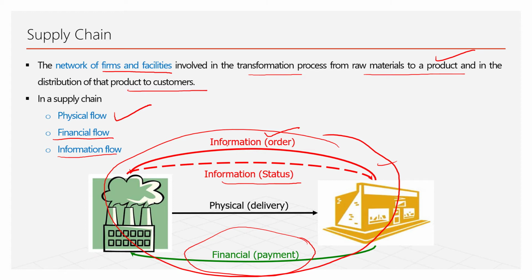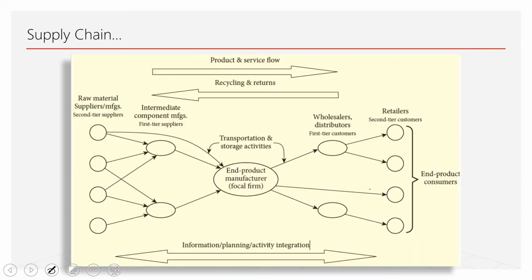Now the question is, is this supply chain structure simple enough? So we have a manufacturer, and then we have a customer, or we have a supplier and we have a customer? No. Actually in a supply chain, as you can see, this is the manufacturing firm. The firms supplying the product to it would normally be called first tier suppliers, and then we have second tier suppliers.